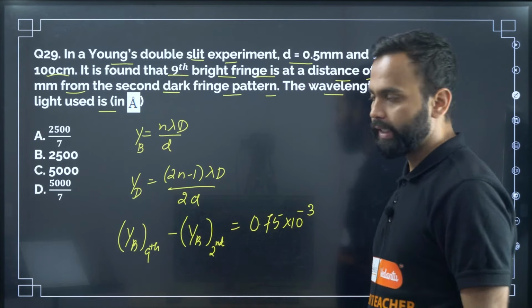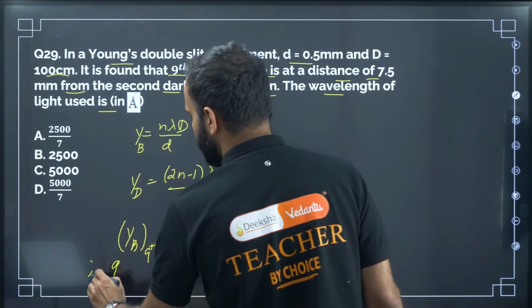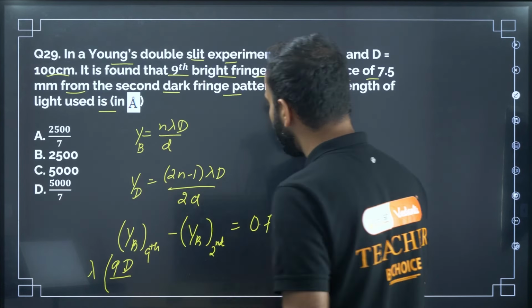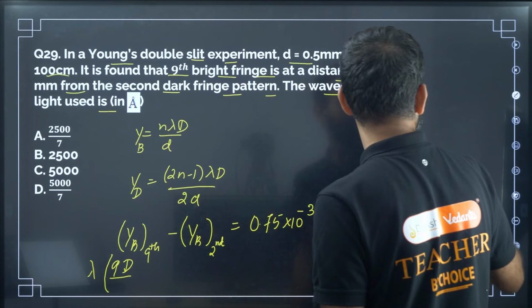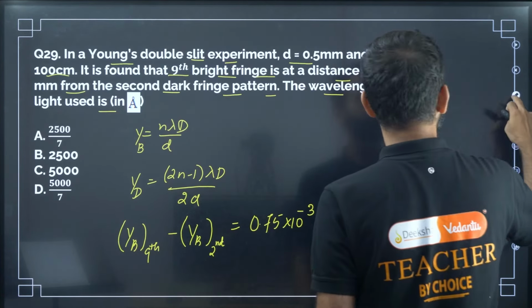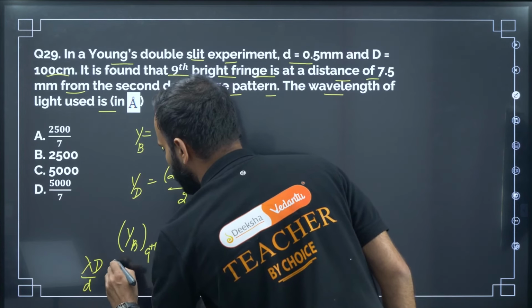So what is y of ninth? 9 lambda D divided by d. I will take lambda D by d as common, so lambda D divided by small d is common.